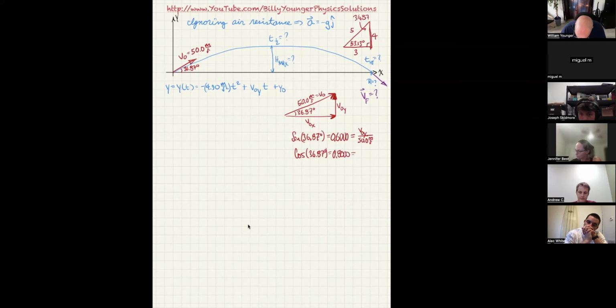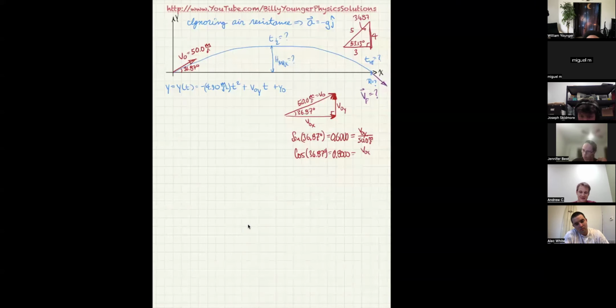Now I'm going to do it in terms of the V0s. So we can see the adjacent side to the 36.87. Obviously, one side touching the angle is in fact the hypotenuse, and the other one's the actual adjacent side. So the adjacent side is V0x, and the hypotenuse is the magnitude. So I'm going to write 50.0 meters per second.